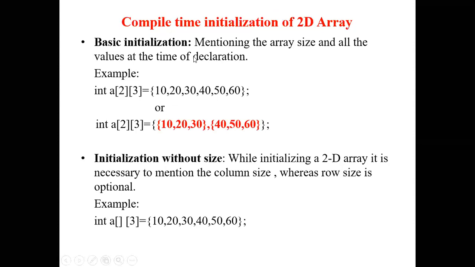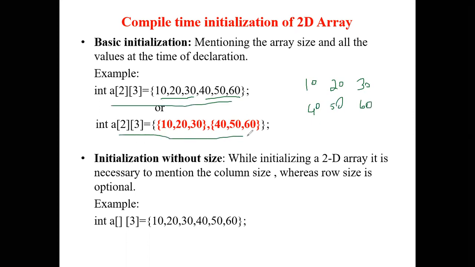So basic initialization. You can write it something like this. Okay, so we are storing 10, 20, 30 in the first row and 40, 50 and 60 in the second row. Okay, so this is one way of initialization.